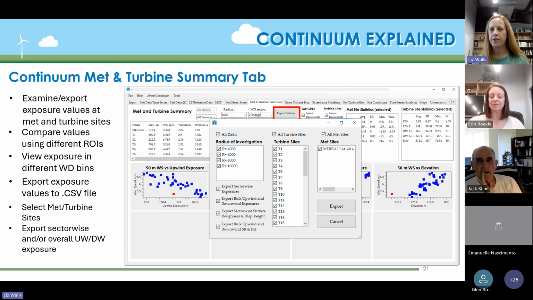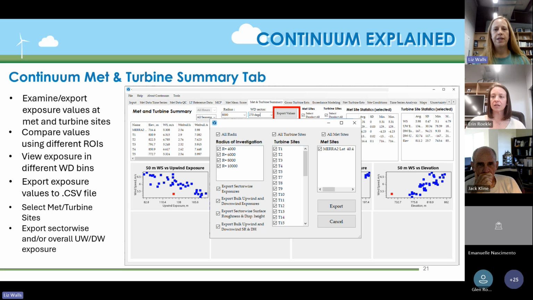This is one of the very first things that I'll go to look at. It is a really good way to get familiar with your site, to understand what the terrain looks like in terms of complexity. As we'll talk about in the next session, it is also indicative of what kind of flow type you're looking at in terms of uphill or downhill or valley flow.